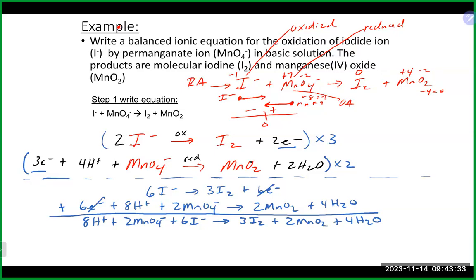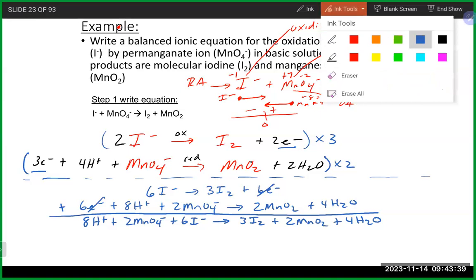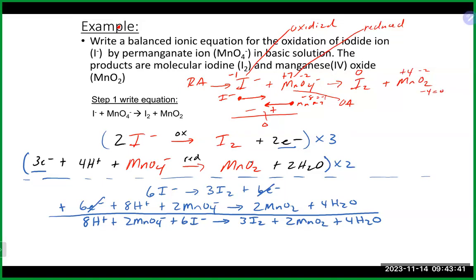Other questions? All right, so to turn this into basic, as we talked about, all you pretty much need to do is just add an equal number of OH minuses to the H pluses. And in this case, our H pluses is 8. So we're going to add 8 OH minuses to both sides here. Once again, on the side where you have H plus and OH minus, that's going to make 8 waters.